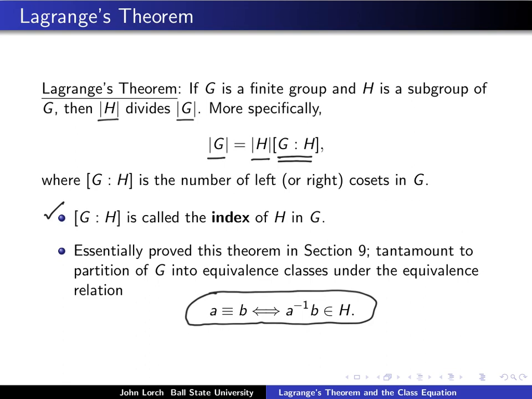So we're partitioning G into these cosets, each of which has the same size, namely the size of H. And so if we want the size of G, we just take the size of H times however many left cosets there are.